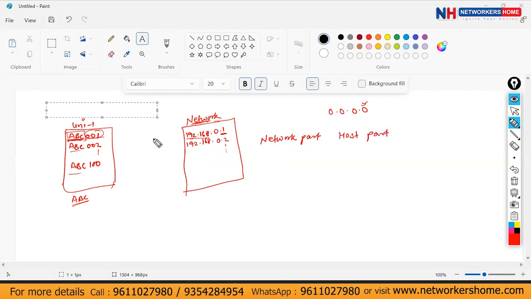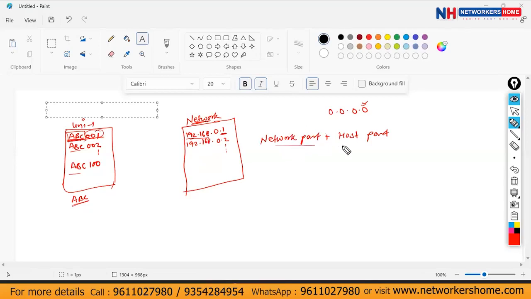Your enrollment number is made up of university name and student number; similarly, your IP address is made up of network part and host part. It has been divided into two parts.